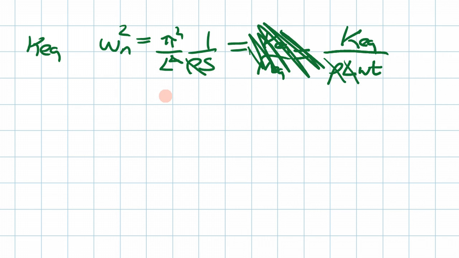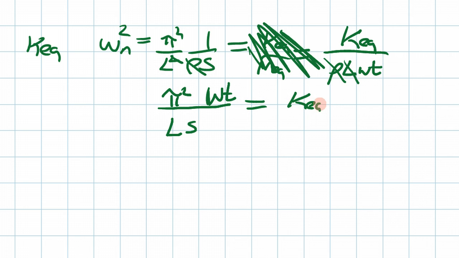What we're left with is that pi squared 1 L S W T, which is kind of like the cross-sectional area here. This is equal to the spring constant, stiffness equivalent. And we see the only difference between this one, AC versus DC, meaning when we weren't applying a large field, initially in the lectures before this, versus now what we're talking about, the AC resonance effect.